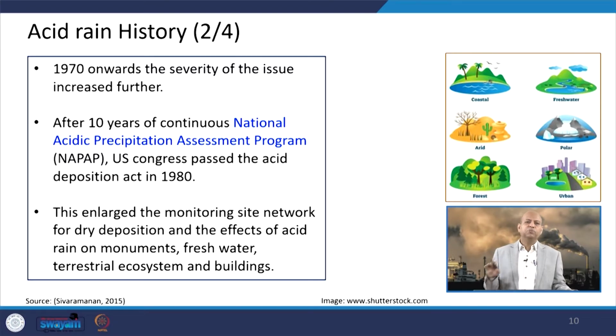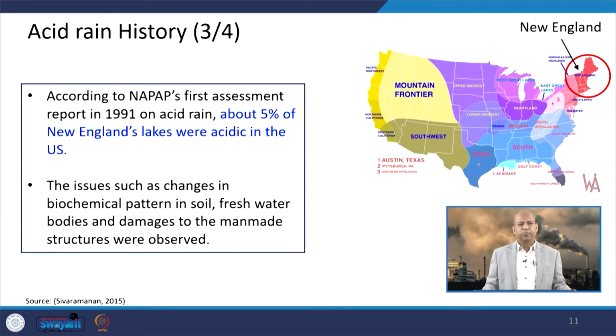After 10 years of the continuous National Acidic Precipitation Assessment Program, based on its observations, the US Congress passed the Acid Deposition Act in 1980. This was further enlarged as a monitoring site network for dry deposition and the effects of acid rain on monuments, freshwater bodies, terrestrial ecosystems and buildings. Those were also covered after this act was enacted.